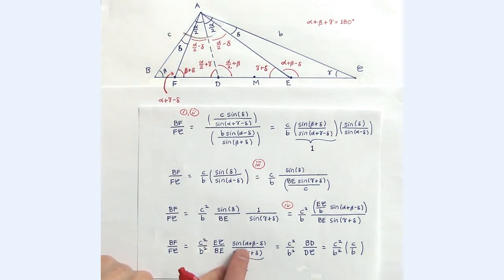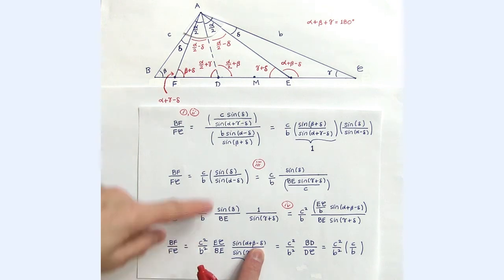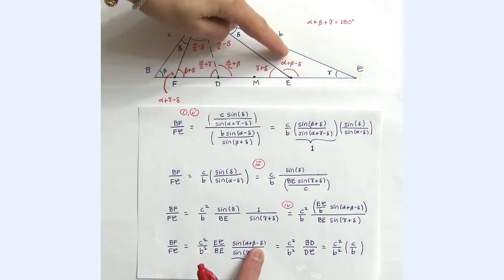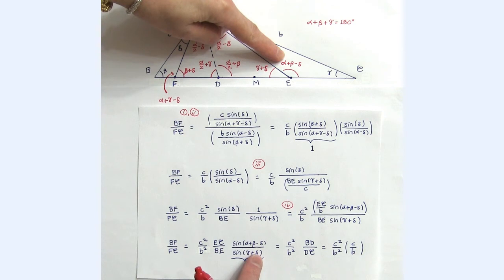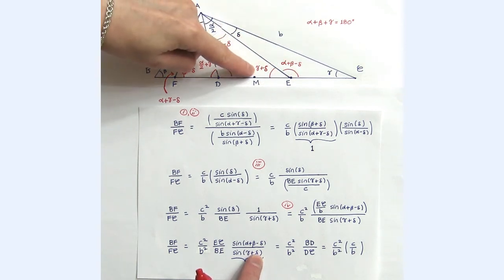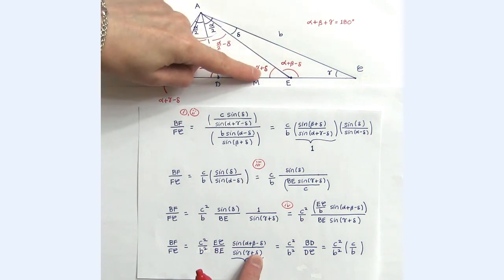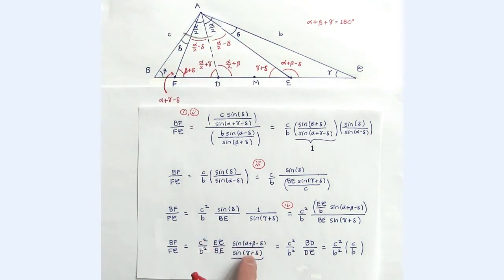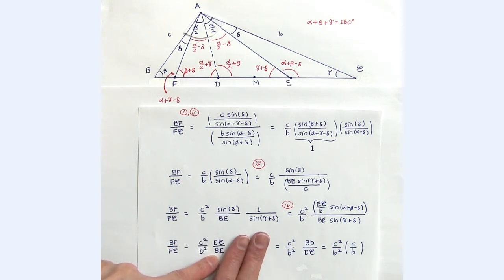Okay, because alpha plus beta minus delta, which is this angle, and gamma plus delta, which is this angle, are supplementary angles, so their sines are the same. And so that's why this ratio is 1. So this expression just simplifies to c squared over b squared times EC over BE, like that.